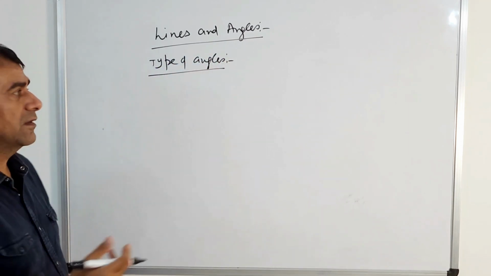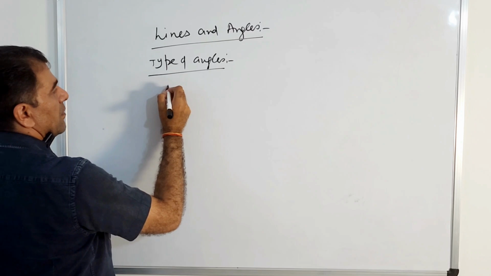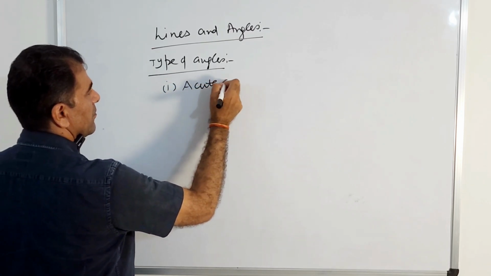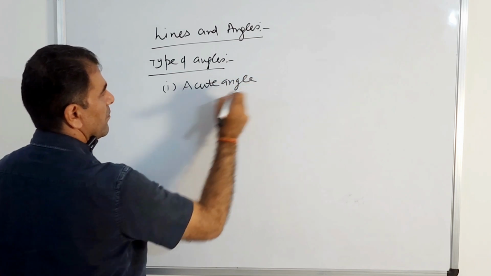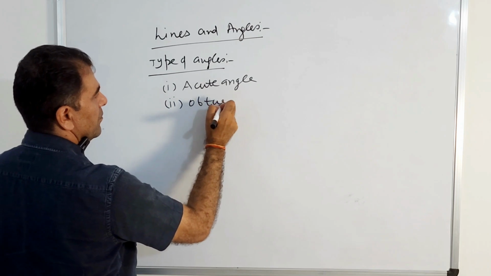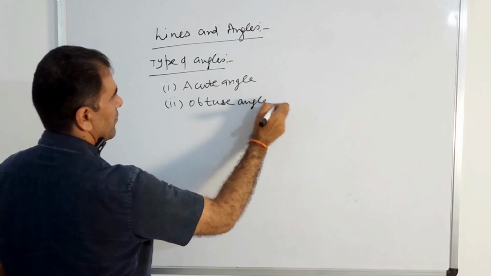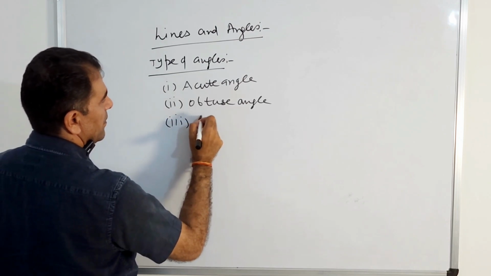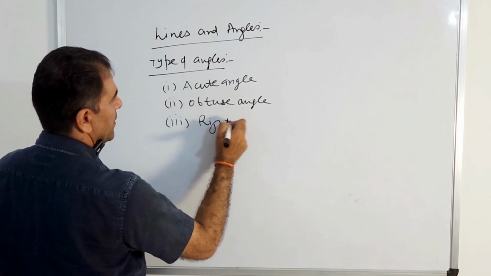So the first angle which we will be refreshing is acute angle. Second one is obtuse, and third one is right angle.